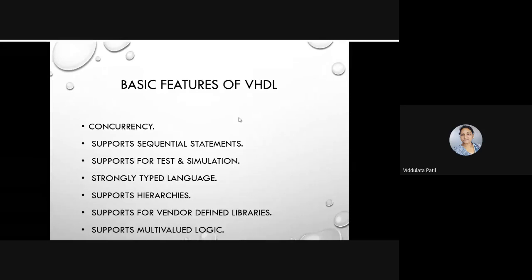Okay. Then one of the important features of VHDL is that it is a strongly typed language. In VHDL, we have different data types, and whenever we are assigning a certain data type to any identifier, it should be supported by that identifier, and then the same should be assigned to the output also.